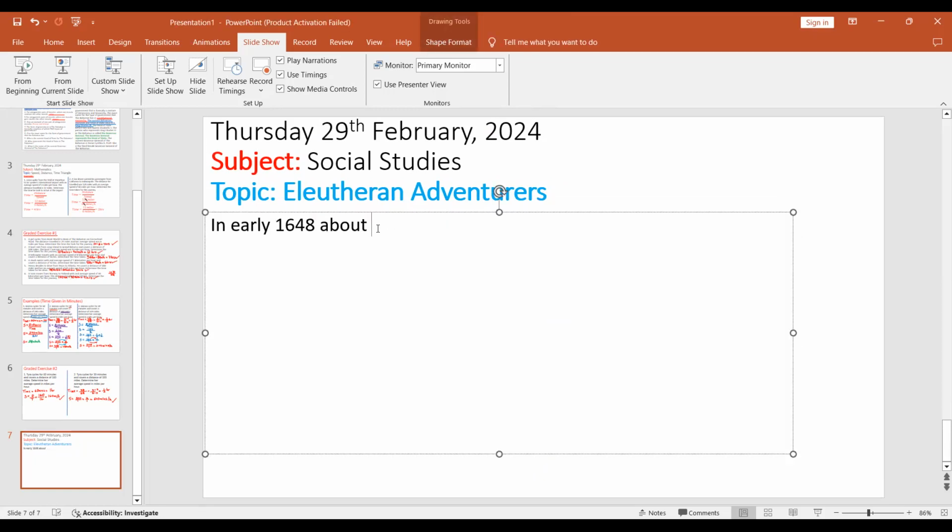No, way smaller than that. 200? No. 100? A little bit smaller. 75? 90? Very close. About 70 people set out for the Bahamas. That's a small group, right?